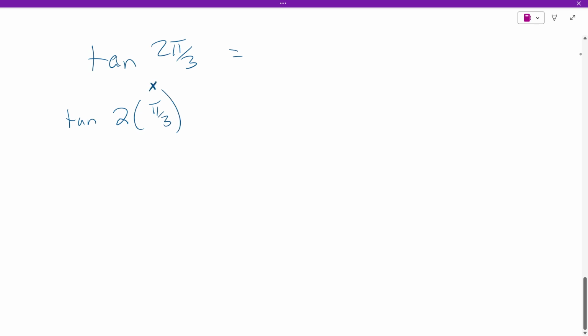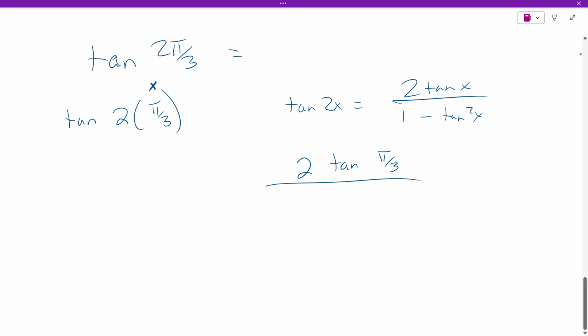So your x is pi over 3. So the tangent of 2x formula is 2 tangent of x over 1 minus tangent squared of x. So 2 tangent of pi over 3 over 1 minus tangent of pi over 3 squared.